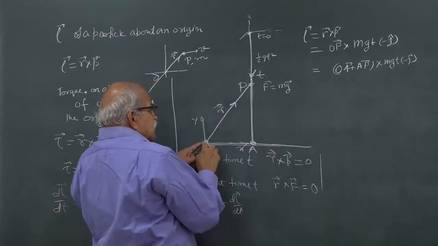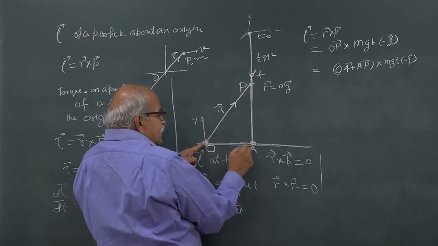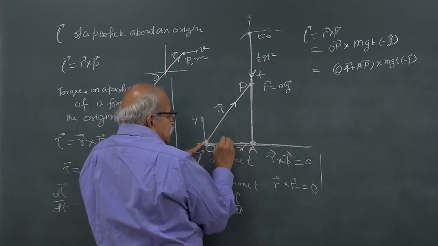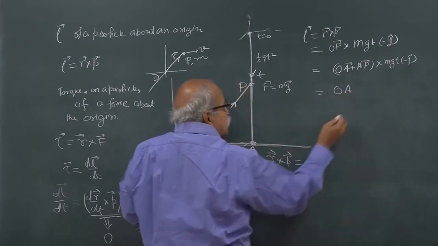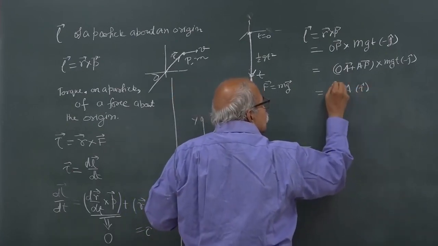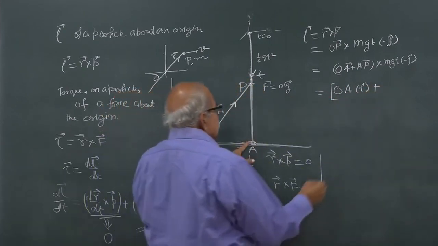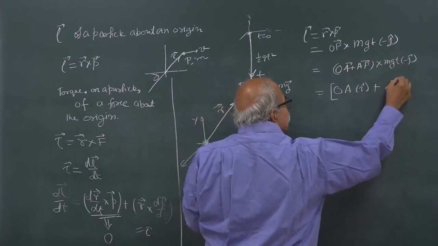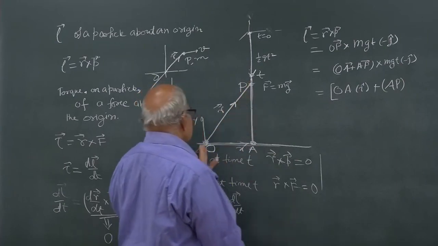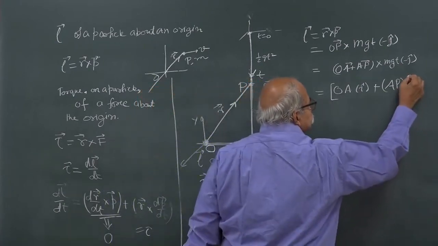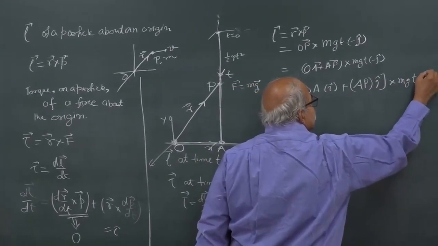All right. So, this is origin, this is the OP vector and which I am writing OA plus AP. OA is this distance, some distance OA. So, this is OA times i cap, plus AP times j vector, and cross mgt minus j cap.